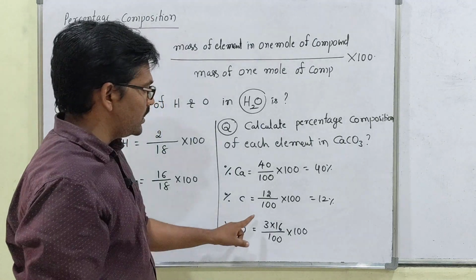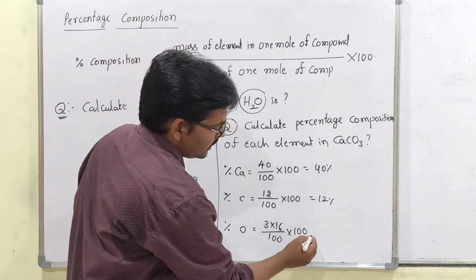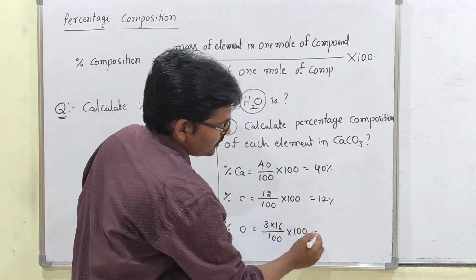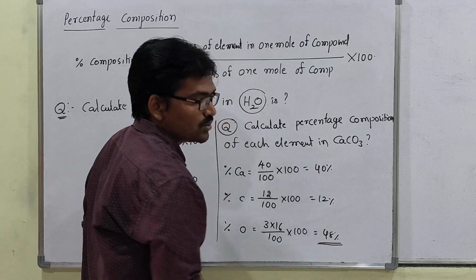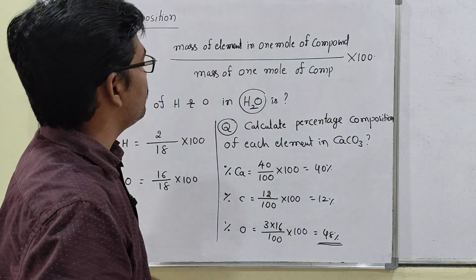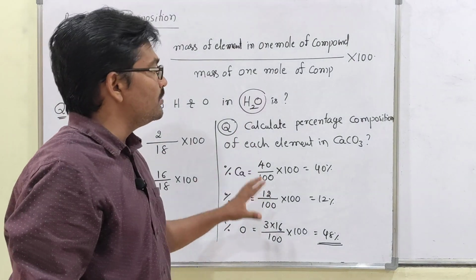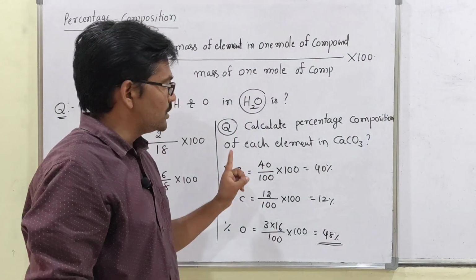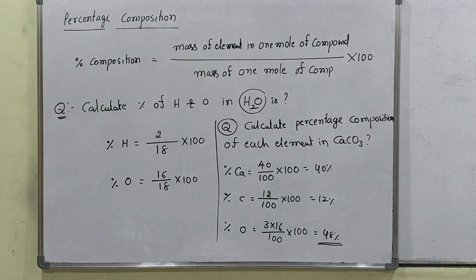For any element, you have to take the mass of its atoms. So the 100s cancel, then 16 into 3 is 48, so 48%. Understand, my dear students? Like that you have to find the percentage composition of each element in a given compound. So note it; some more questions we'll do based on it.